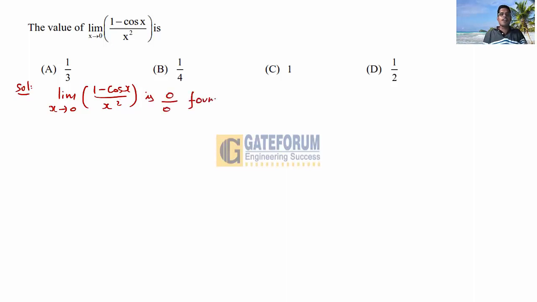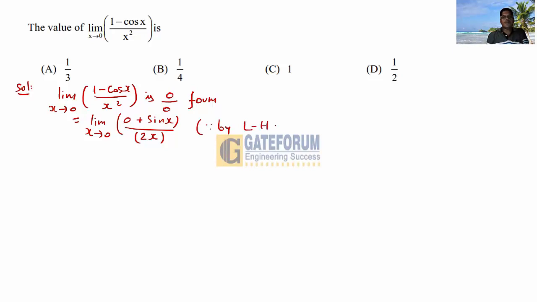So you can apply L'Hospital's rule, that is, differentiate numerator as well as denominator with respect to x. Limit x tends to 0, derivative of 1 is 0, derivative of cos x is minus sin x, derivative of x square with respect to x is 2x.